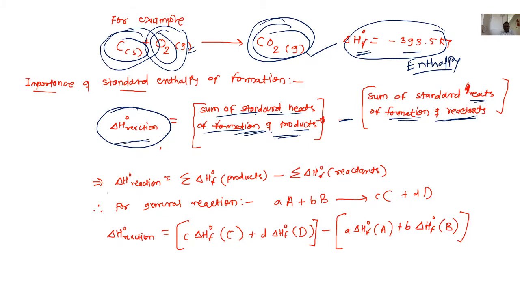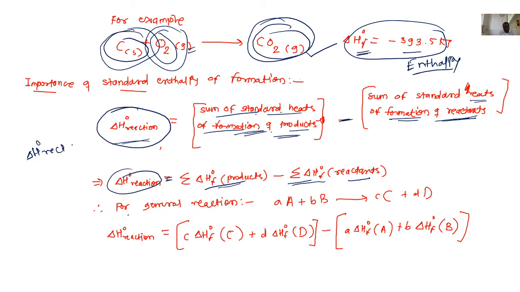It can be written as delta H0 of reaction, or sometimes delta H0 r. So delta H0 of the reaction is equal to the summation of delta HF0 of products minus the summation of delta HF0 of reactants.